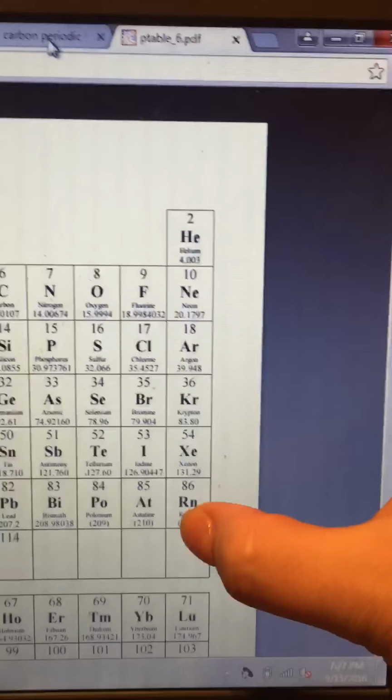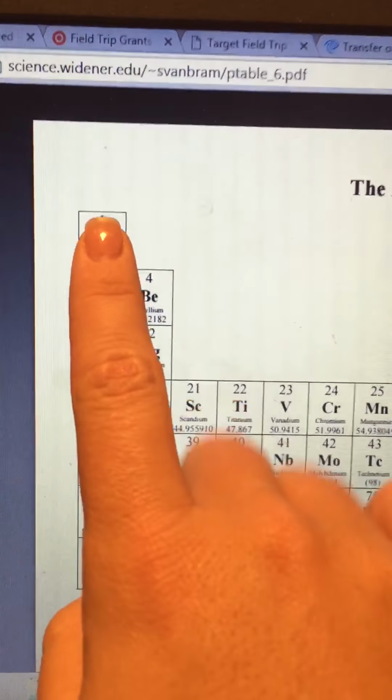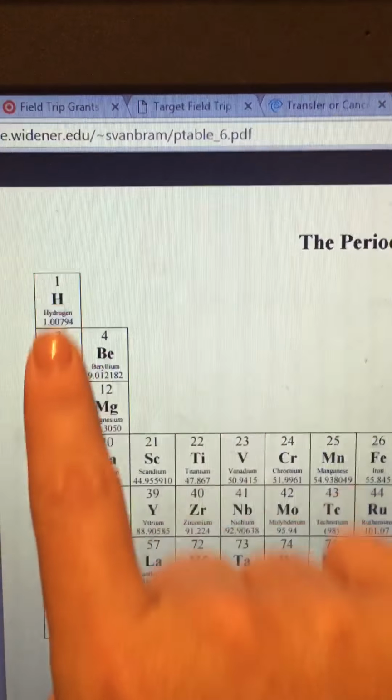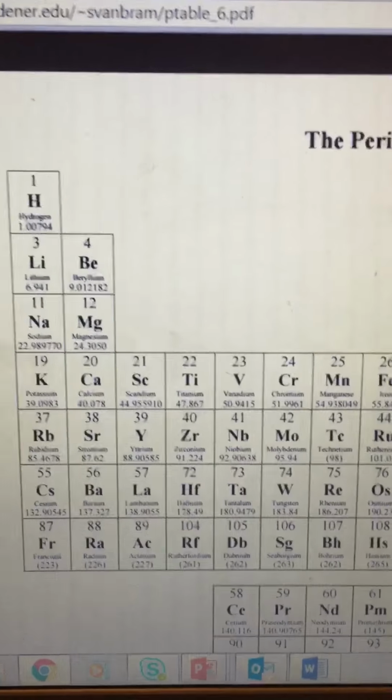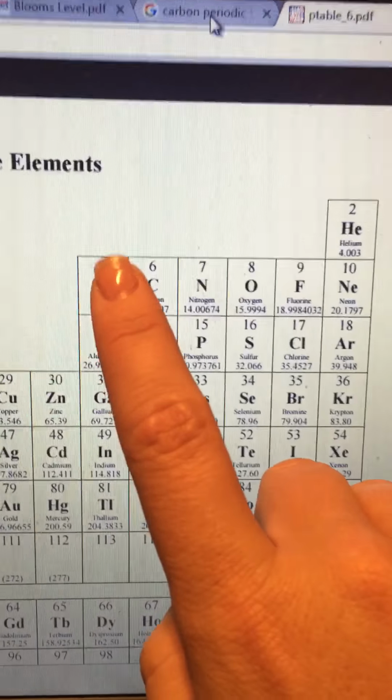These are all gases. Okay, if you remember, another pattern was that your group number is going to end up telling you how many valence electrons that element has. So group 1, remember, they all have 1 valence electron. Group 2, they all have 2 valence electrons. Then we come over here, group 13.